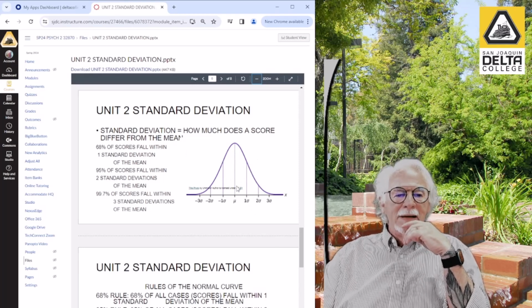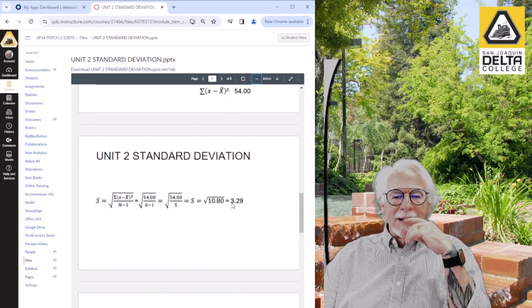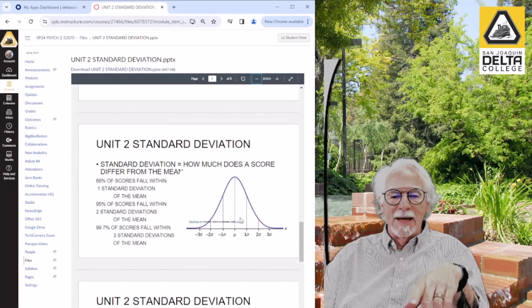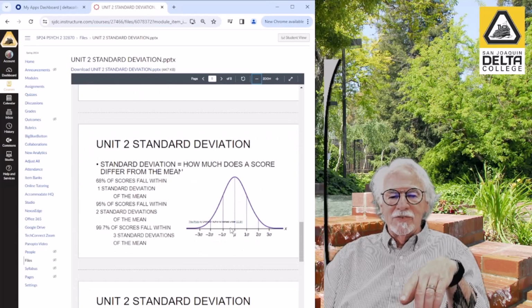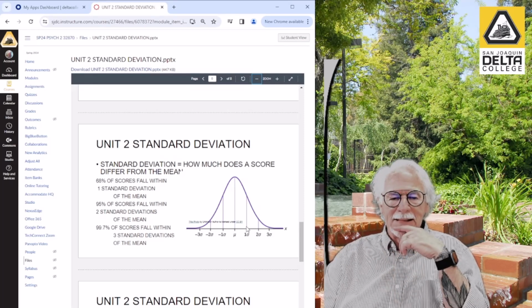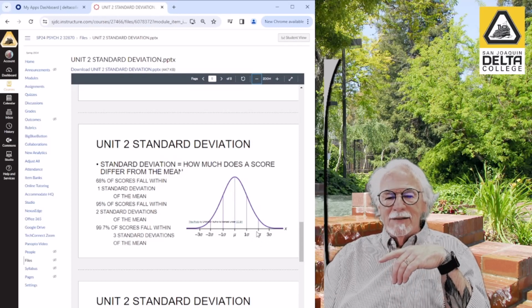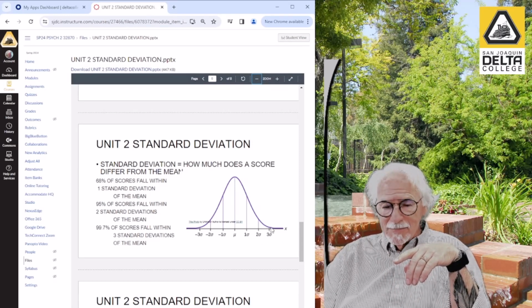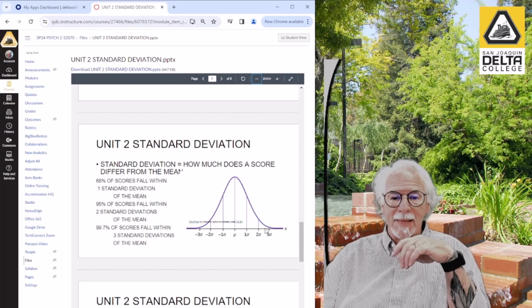Okay? So remember I said we were going to go back to that diagram, where I said one standard deviation. So one standard deviation is 3.29. If this was 0, then this 1 is 3.29. This is 2 times 3.29, and this is 3 times 3.29.